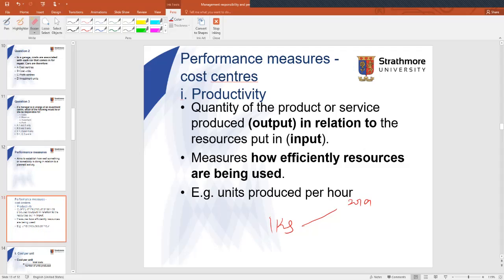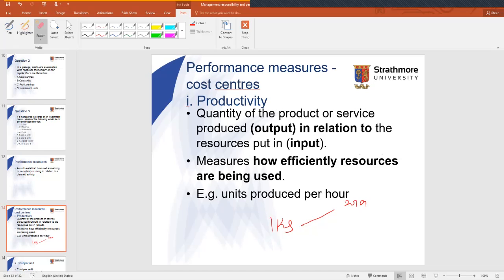So the rate of conversion in the previous year was that for every 1 kg of raw material fed into the production process, 2 units of finished goods were produced. In the year 2020, assume the company is able to achieve 2.5 units for every 1 kg of raw material.